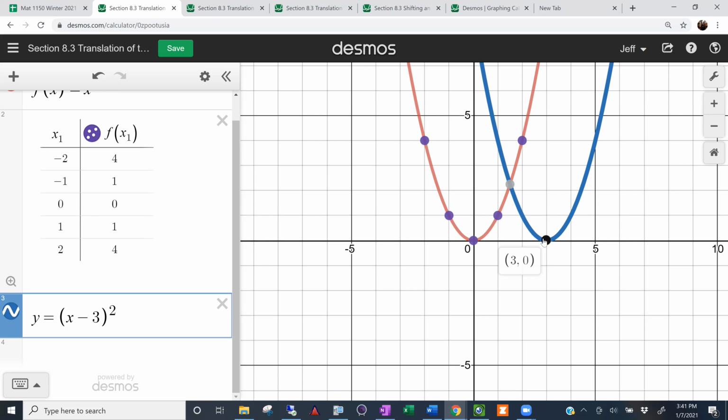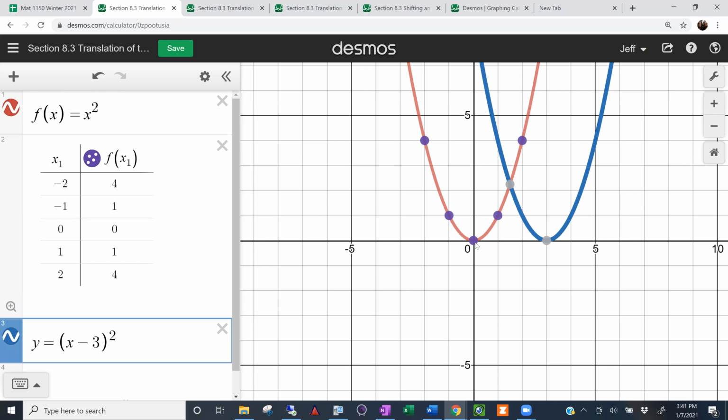Okay. Kind of surprising. I remember looking at this result when I first started teaching and going, oh, that's kind of odd. I expected it to go to the left because you got that -3 there. But keep in mind what happens with the graph of the parabola. You get this point here when you square 0. That's the lowest it could be.